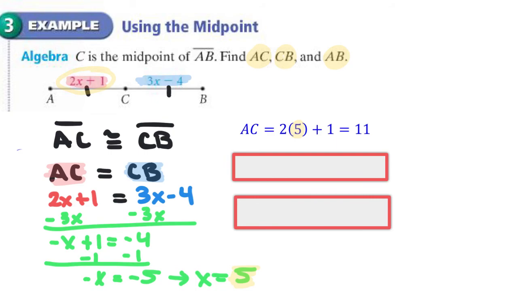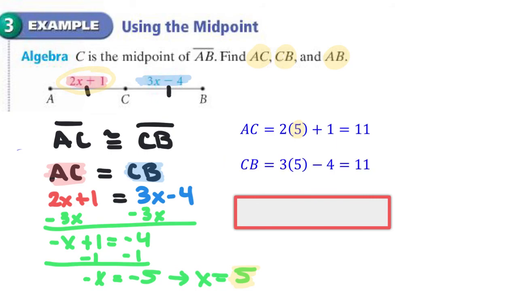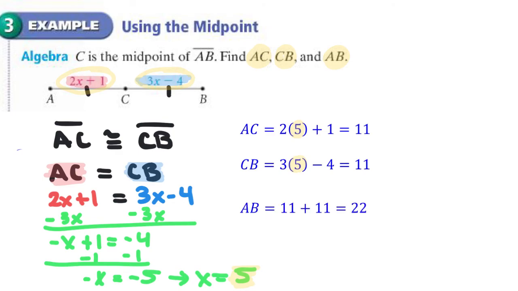For CB, I take the expression 3x minus 4 from here, and I substitute the 5 to get 11. And then lastly, I can add these two together, so we know that this has a length of 11, and this has a length of 11, so the length of AB is 22.